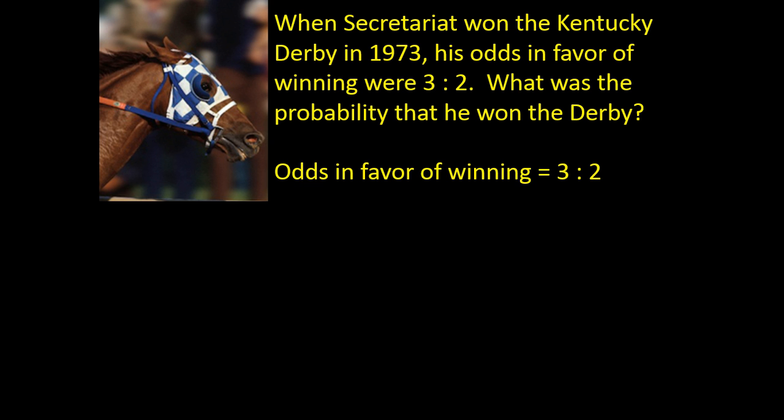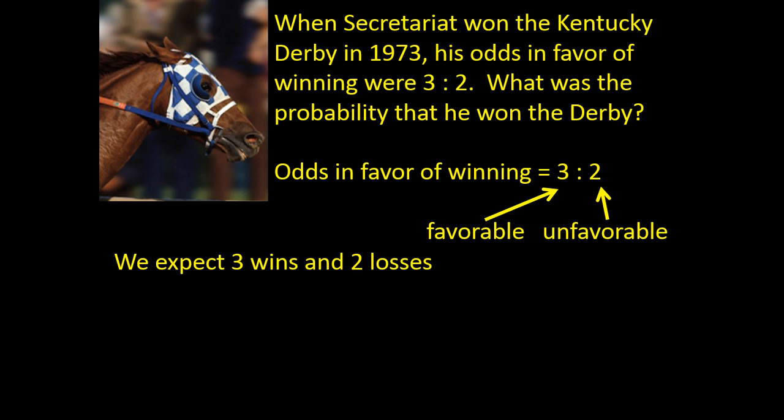So if the odds in favor of his winning are 3 to 2, that means we would expect 3 wins for every 2 non-wins. So 3 is a favorable outcome, 2 is the number of unfavorable outcomes.